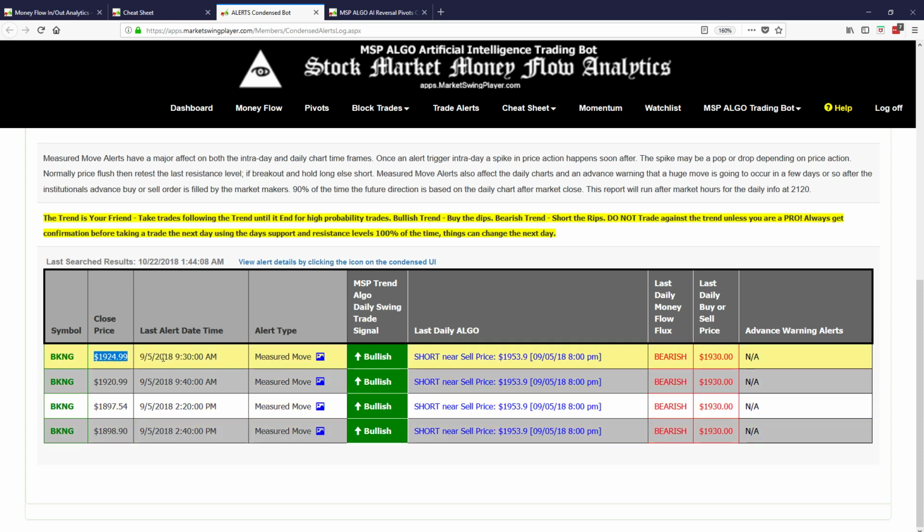So this tells me that price is going to try to break out above a prior resistance level, and if it fails, it's going to drop. If it succeeds, it's going to pop. Okay, so that's at 9:30. Let's go back to the chart here.